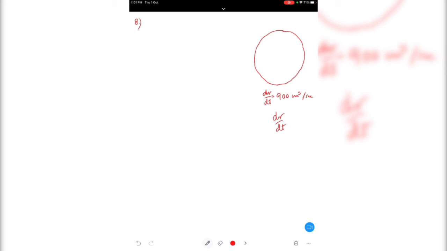First thing, I will assume the radius of the sphere. Since it's changing, let the radius of the sphere be r centimeter. Can you tell me what is the volume of the sphere? Volume of the spherical balloon.